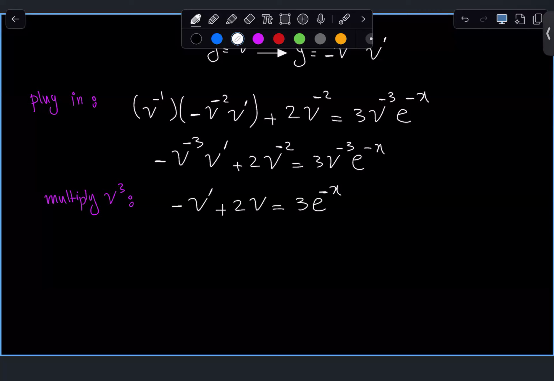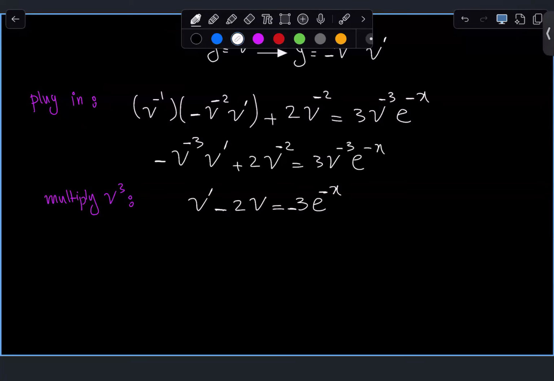Again, maybe to turn it into standard form, it's better if we multiply by negative. So if I do that, this becomes positive, this becomes negative, and I get a negative here. Because if you remember, the standard form of a linear equation was y prime plus p times y.